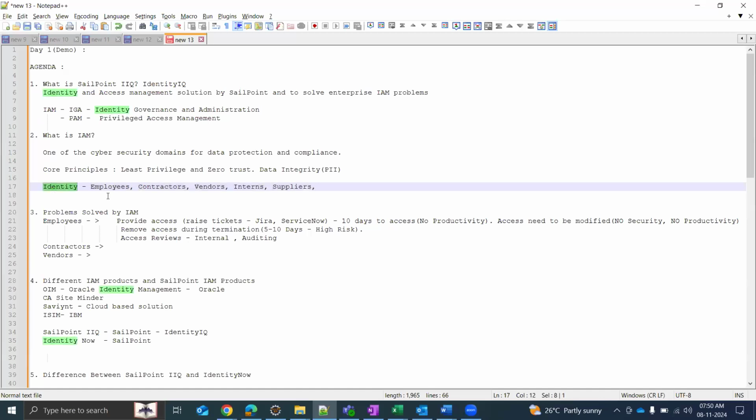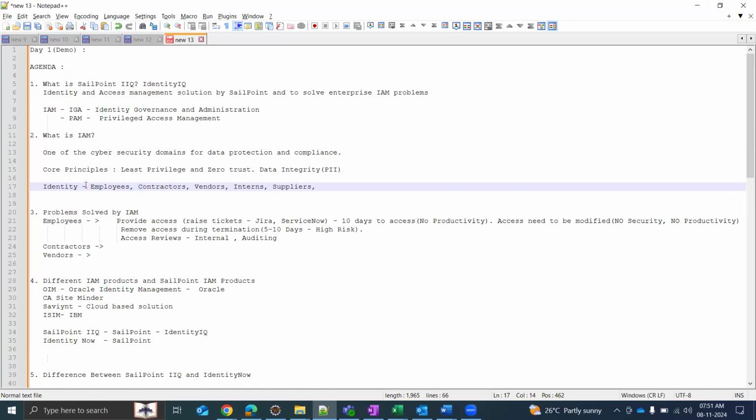Identity, in the sense that we are digitally identifying a person. That person may be an employee, a contractor, vendor, intern, supplier, whoever it is. Okay. So to identify a person digitally, we use the term identity. It is basically the person working for the organization.